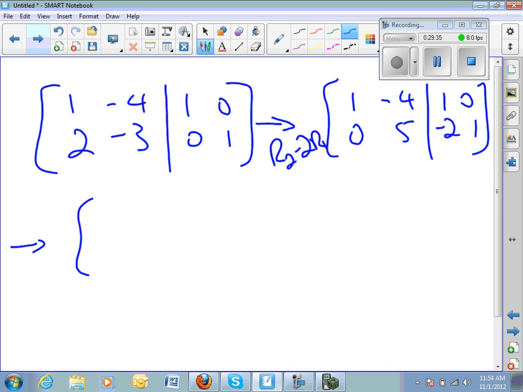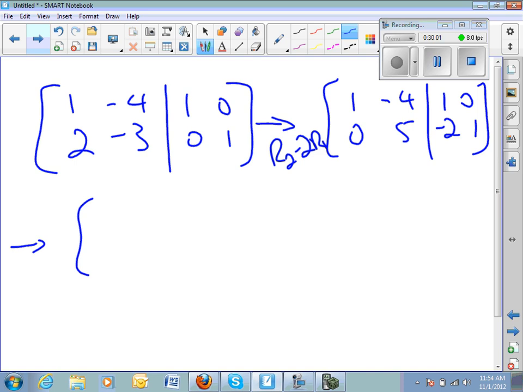Okay. Since we normally work from top down, side to side, left to right, do I need to get the 0 in that top spot first, or get the 1? I would get the 1. I think generally it's best practice to get the 1 here, zeros below it, then move to the next element on the diagonal, 1 there, zeros above and below. Okay.